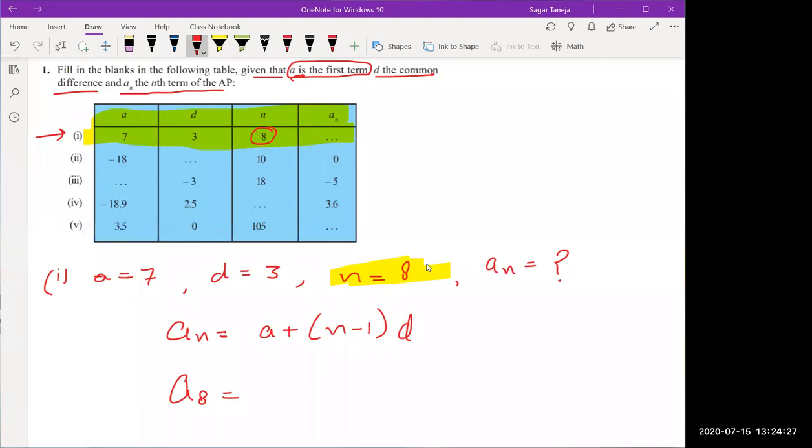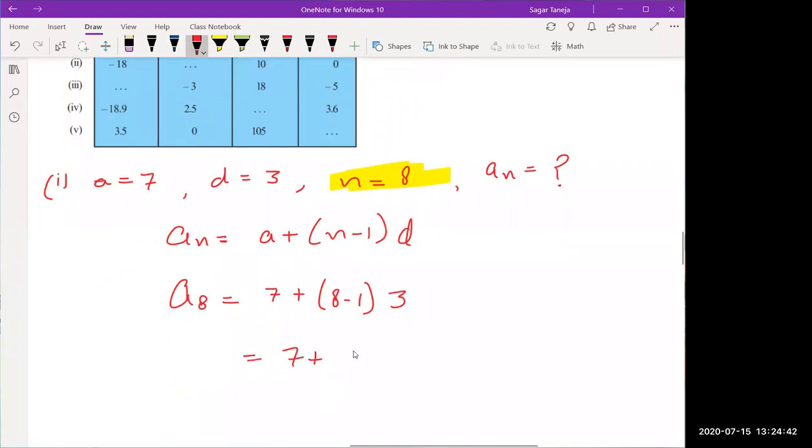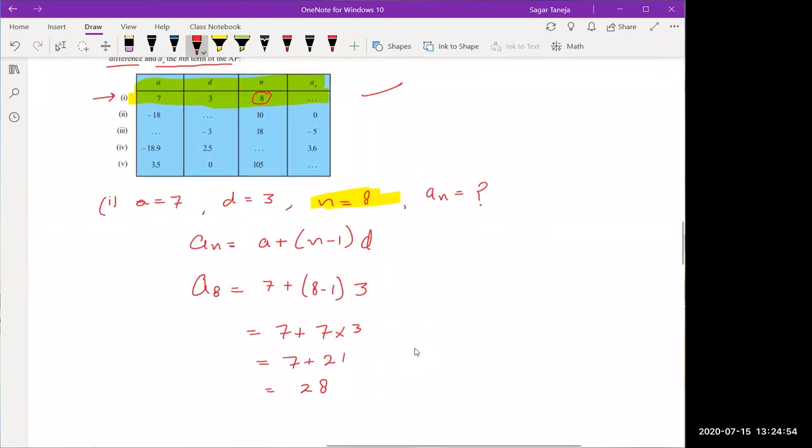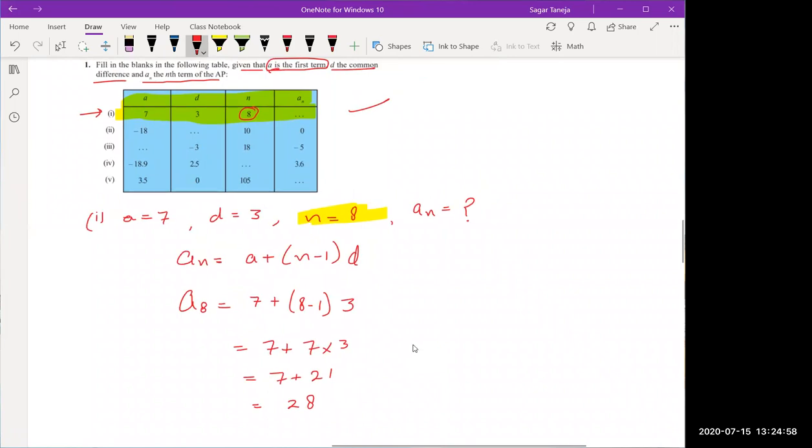So a is 7, n is 8, and d is 3. Only you need to put the values: 7 plus 7 into 3, that is 7 plus 21, and this is equal to 28. Correct, Lakshay, 28 is the answer.